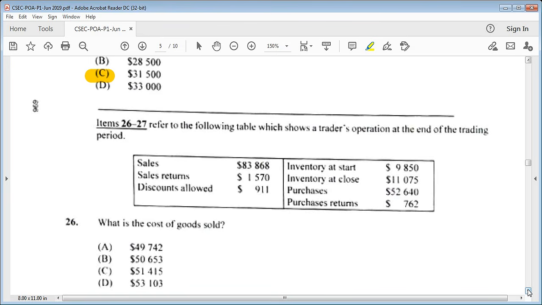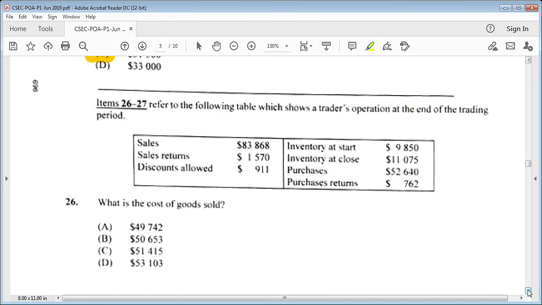Purchases, $52,640. Purchases returns, $762. 26 says, what is the cost of goods sold? A, $49,742. B, $50,653. C, $51,415. Or D, $53,103.